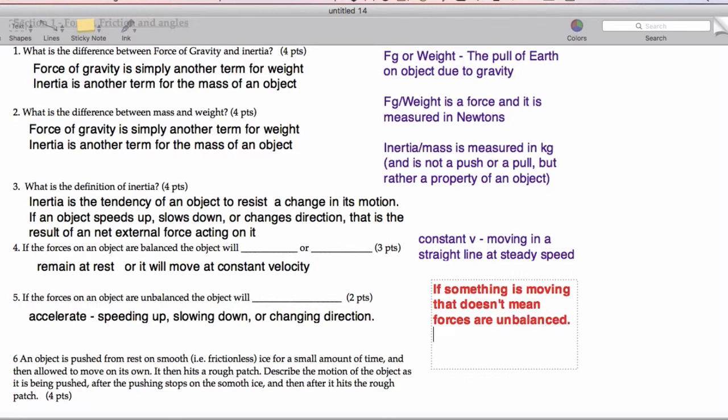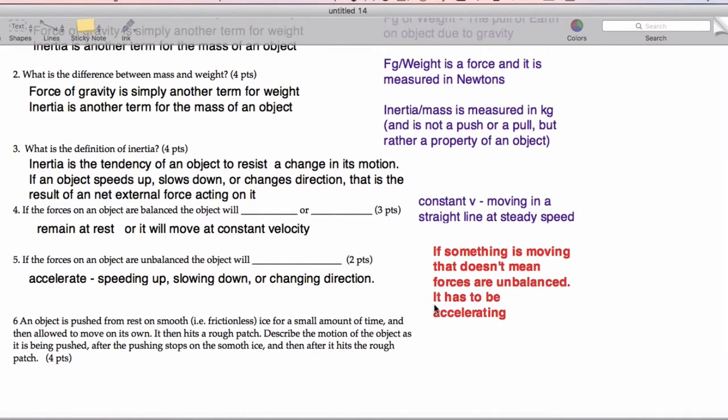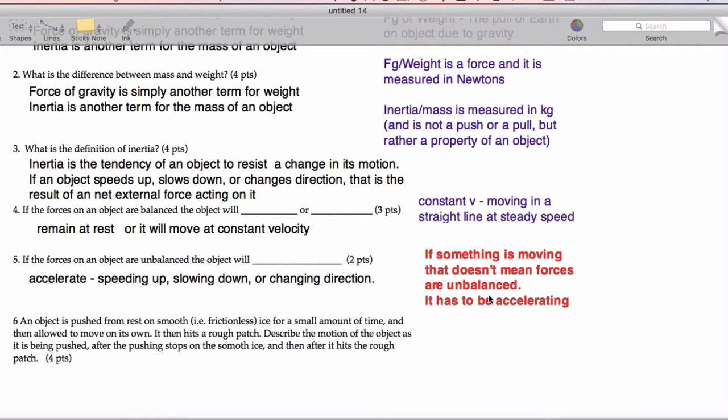It has to be accelerating. Please take note of that, because that's going to come up in the problems that we do in the subsequent pages. This is not just a little idea to note off to the side. This is a thing that we are going to carefully apply to problems. It means the difference between a correct calculation and an incorrect calculation. This fact will affect the very numbers that you put into your problems and equations.